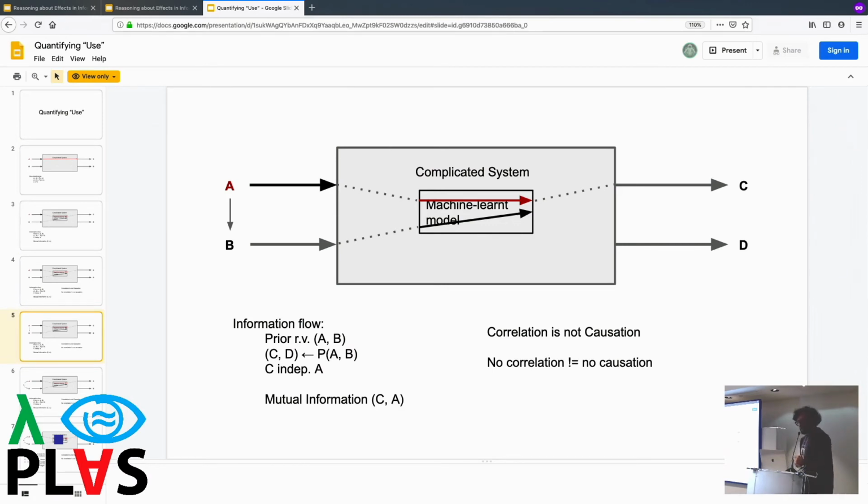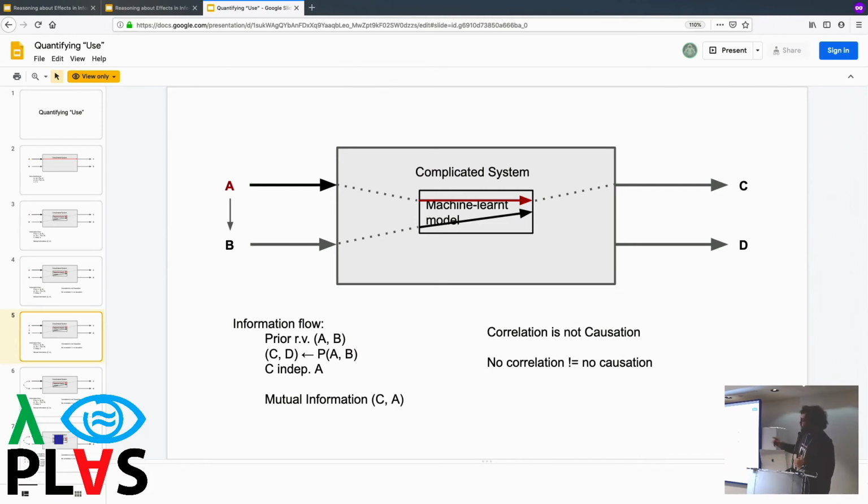So what can you do? Well, one reason why this might happen is if A is actually a cause of B. I work a lot in privacy, so let's say that A is someone's age and B is their height. Maybe someone's age causes them to be taller or shorter. That makes sense, and that's how correlations might arise.